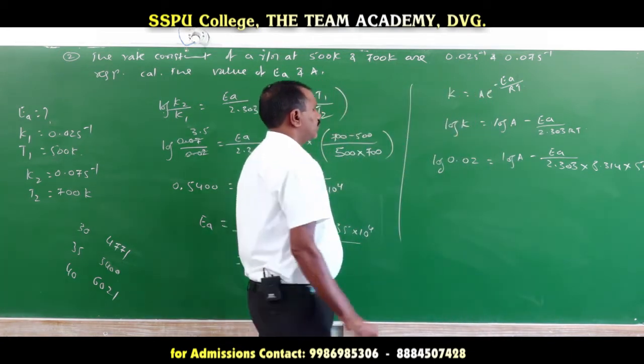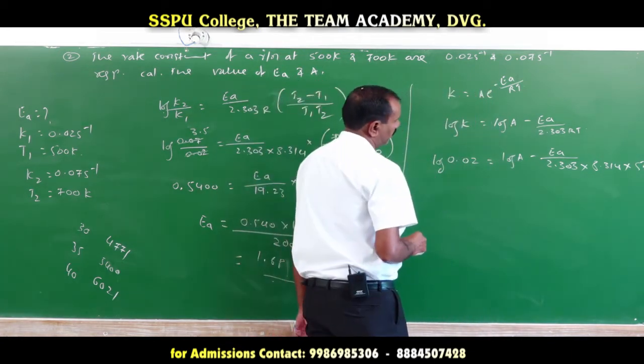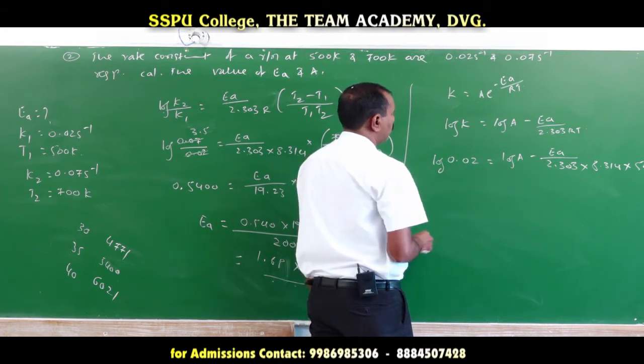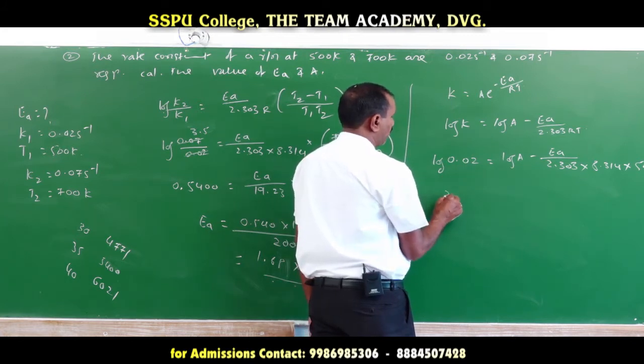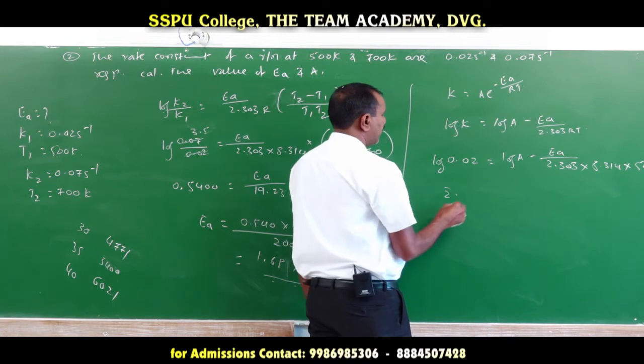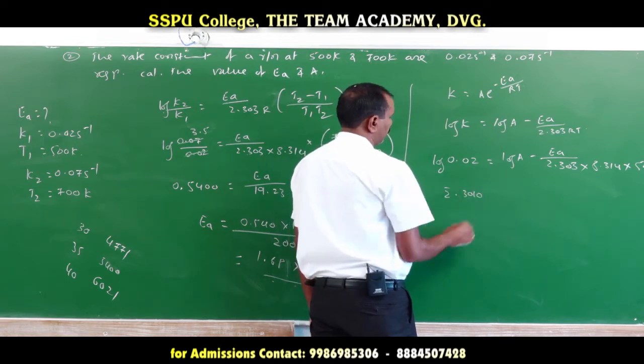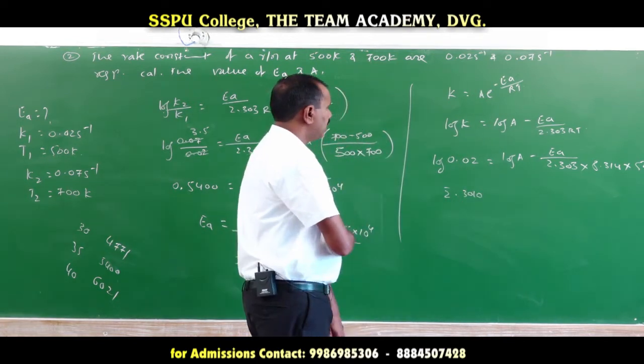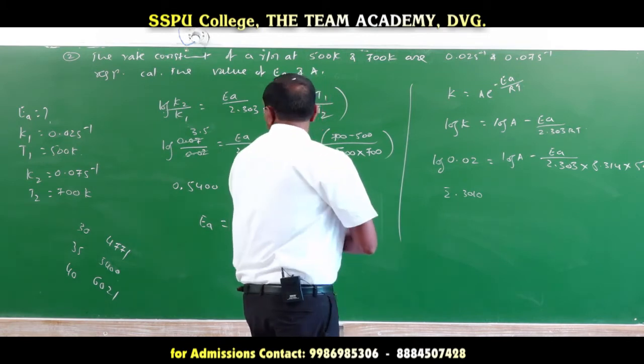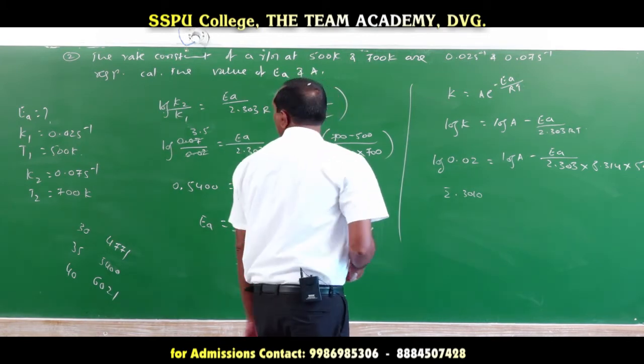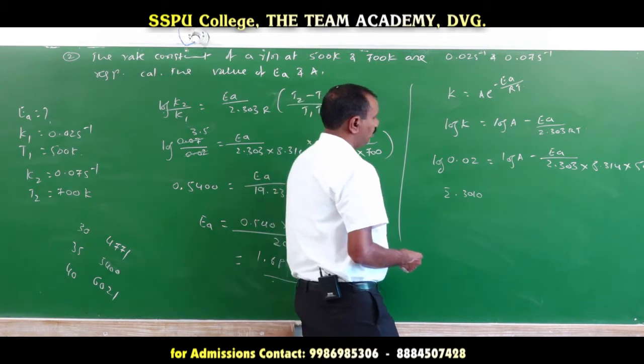Okay. So log 0.02, the characteristic value for 0.02 is 2 bar, 20 under 0, that is 0.3010.